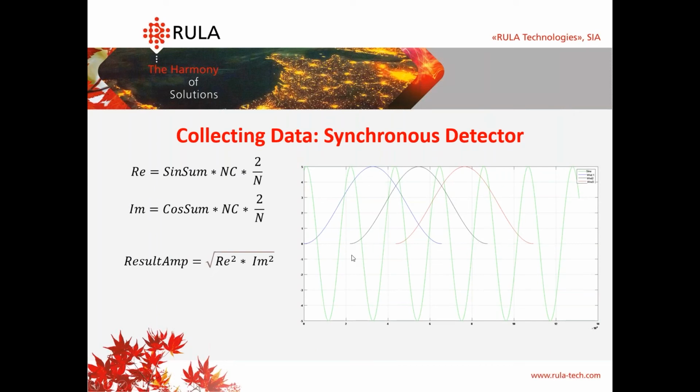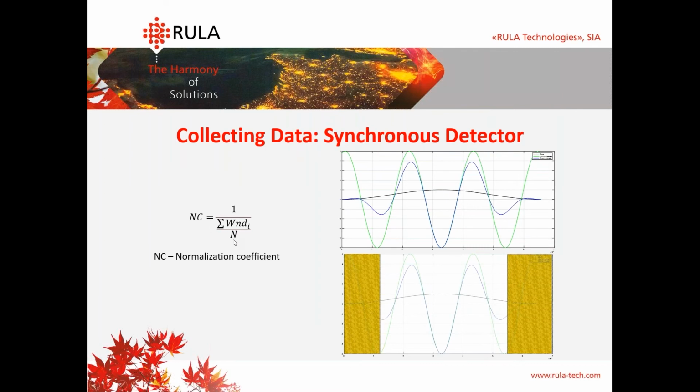To calculate the resulting synchronous detector, we calculate the real and imaginary parts of our amplitude. We multiply the sine sum and the cosine sum by coefficients, and C here is a normalized coefficient.